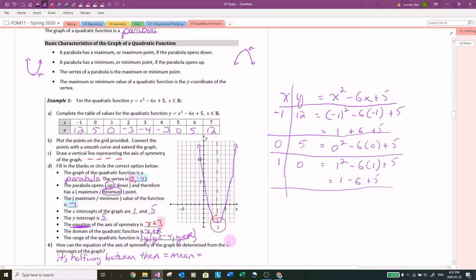In this example, it's (1 + 5) divided by 2, and that gives us x = 3. This is the equation of the axis of symmetry. That will always be true because the graph is always symmetrical. The only time it would not work is if you don't have any x-intercepts, but I'm not going to give you those in this lesson. All right, next page.